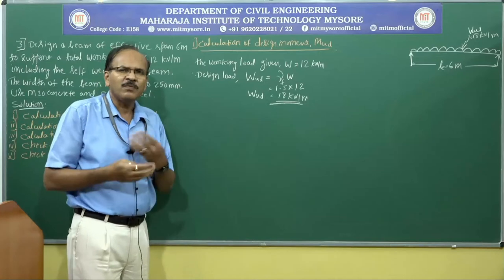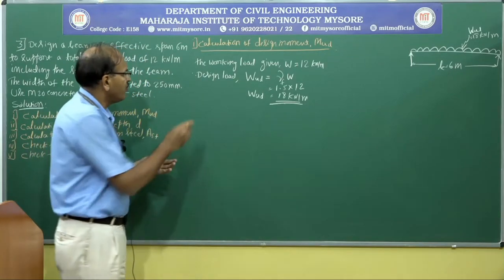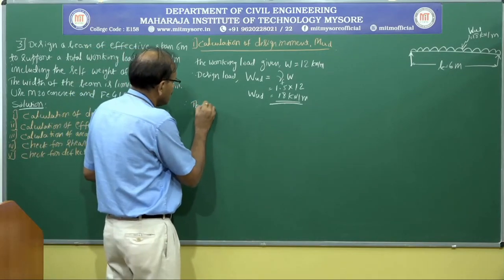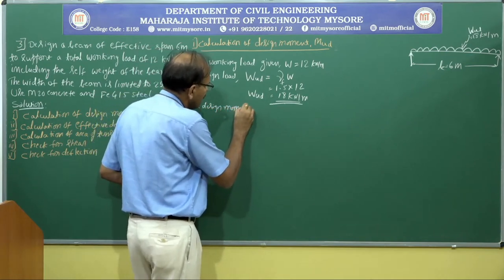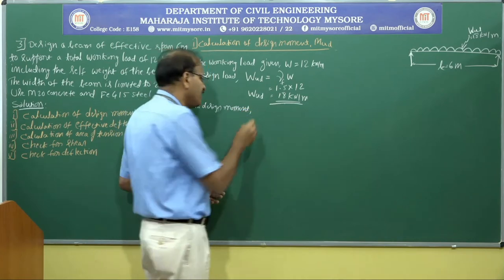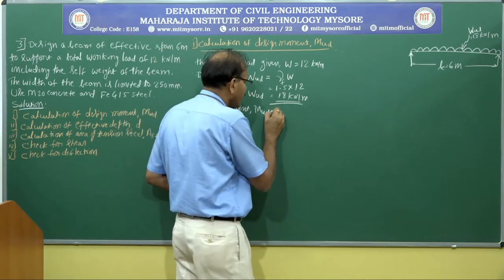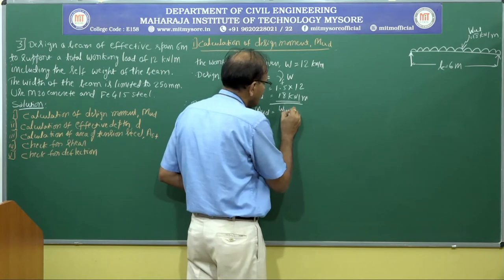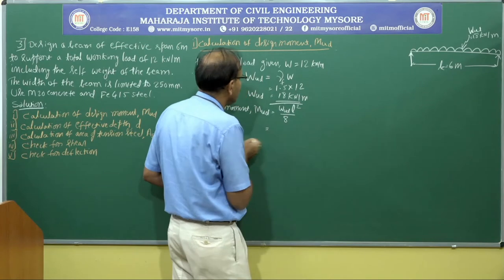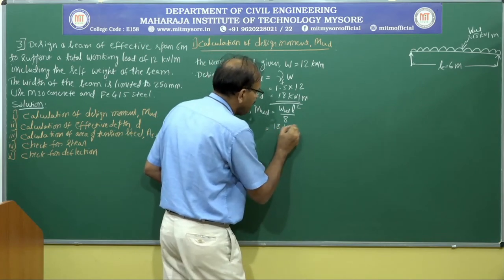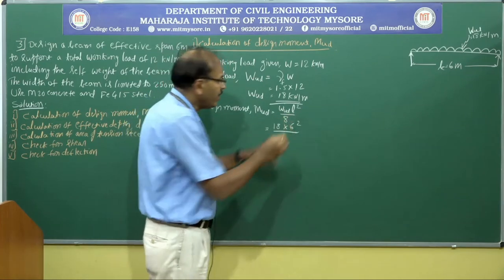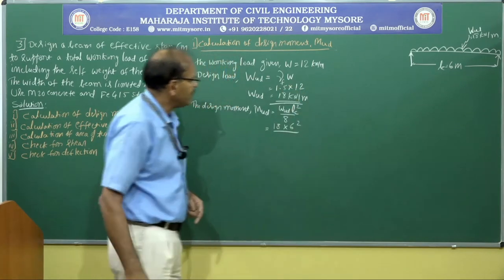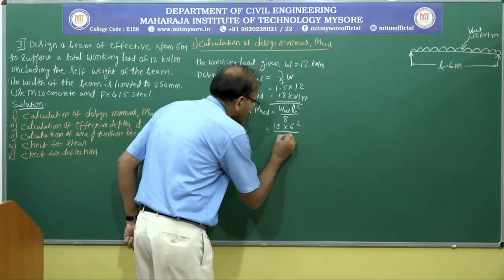Now I need to calculate the design moment. Therefore, the design moment, I am going to call that design moment as MUD equal to WUD L square by 8. That is equal to 18 multiplied by L, the effective span, which I am going to call LE, squared, divided by 8.